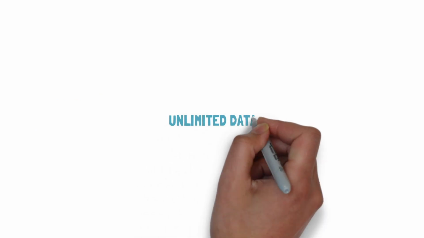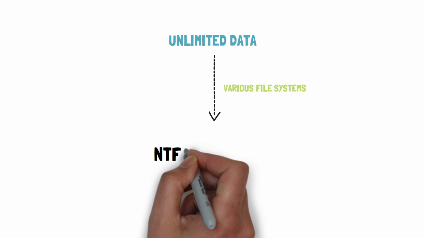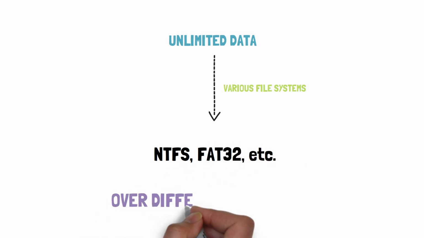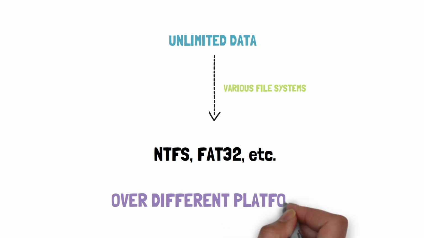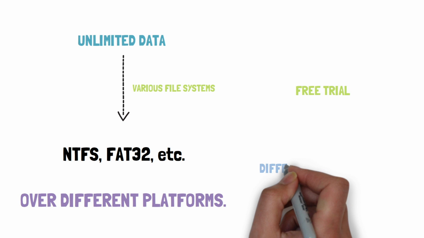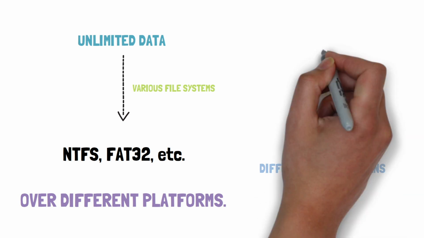You can also restore unlimited data of various file systems like NTFS, FAT32, etc. over different platforms. All of these come with a free trial and different pricing plans that you can check out and decide the best option.